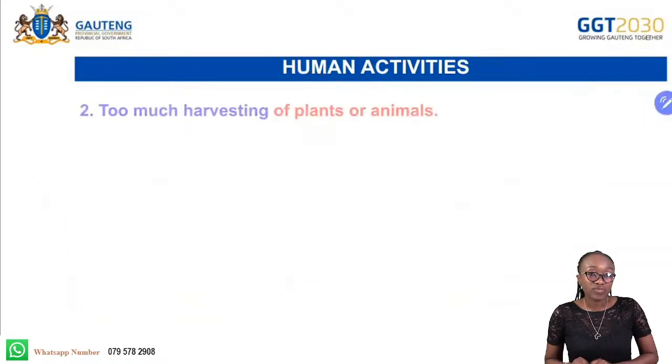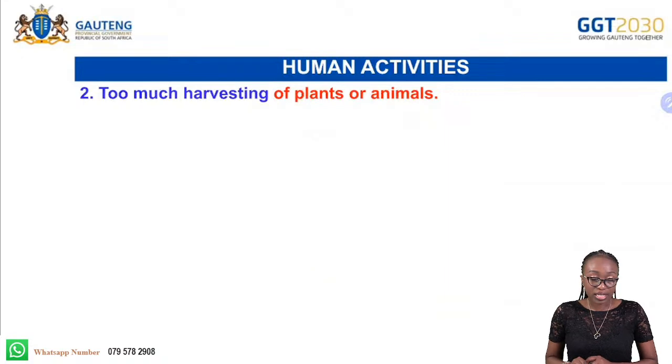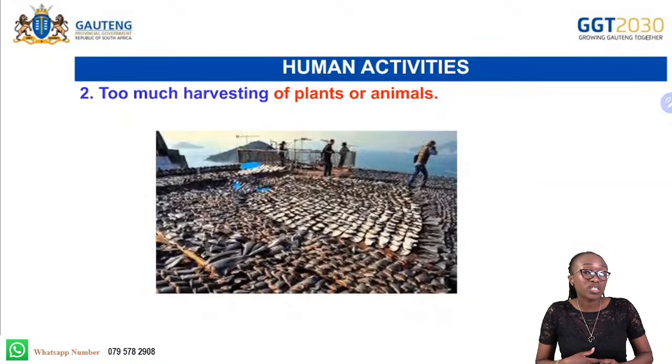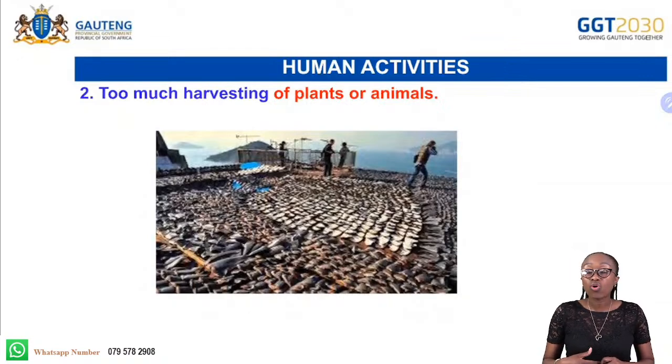Here's another activity that disrupts an ecosystem or can cause extinction. This is too much harvesting of plants and animals. Too much fishing in a particular lake or river will cause extinction if you don't allow the organisms to reproduce and replenish, or if you don't allow the trees to regrow.